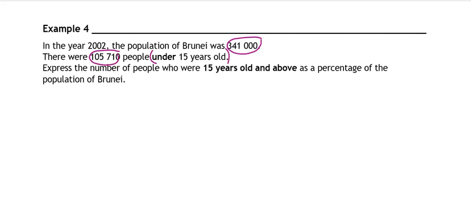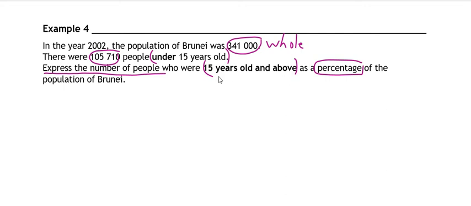The question is asking you to express the number of people who were 15 years old and above as a percentage of the population of Brunei. So basically you know that 341,000 is the whole population, and then it asks you about 15 years old and above. This value here is the under 15 years old.